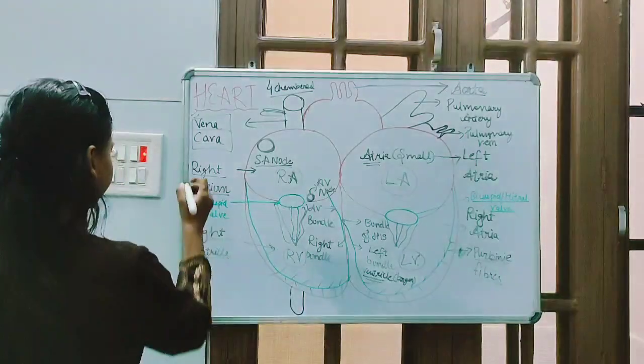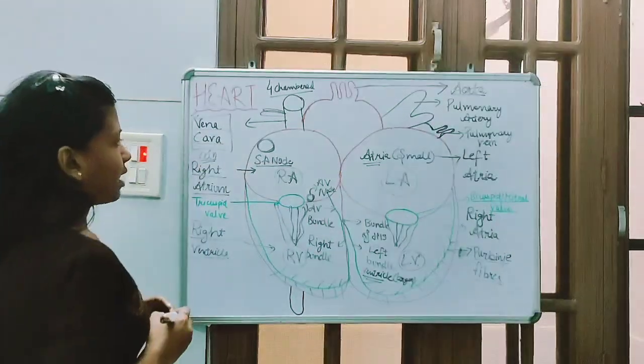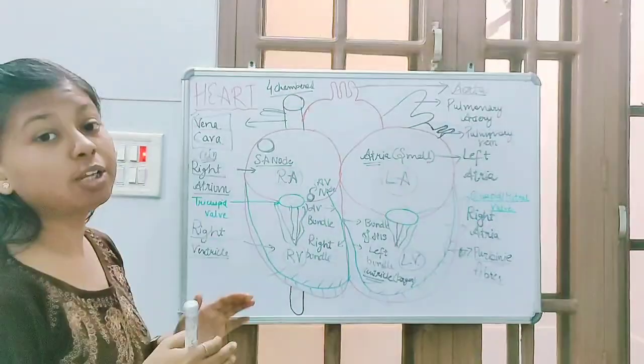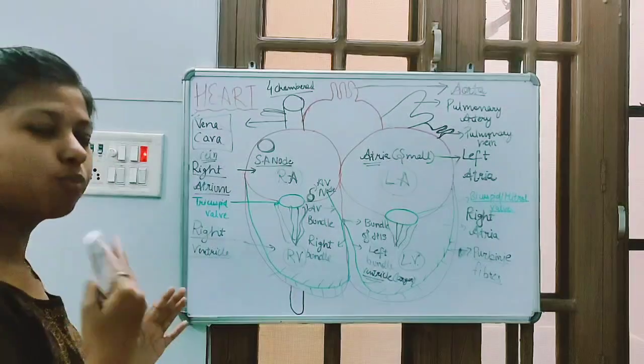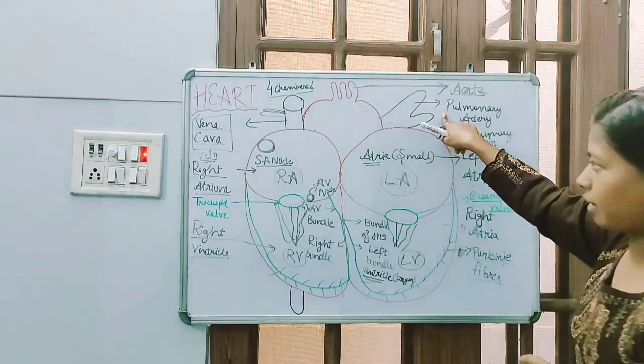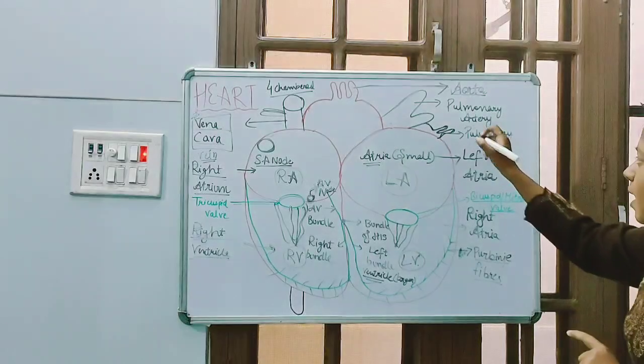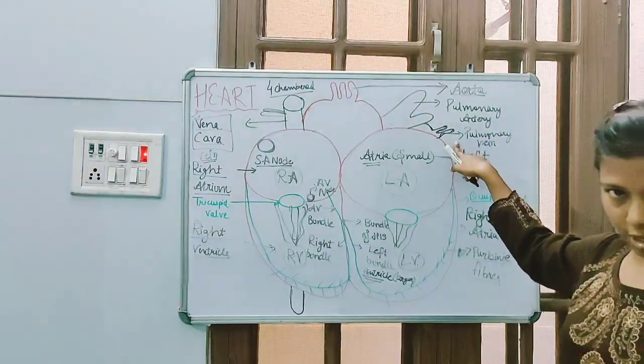These are veins that carry deoxygenated blood. We will discuss that later. Now this is the pulmonary artery, and this is the pulmonary vein.